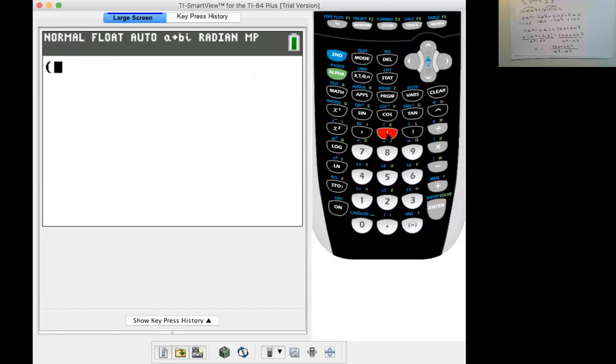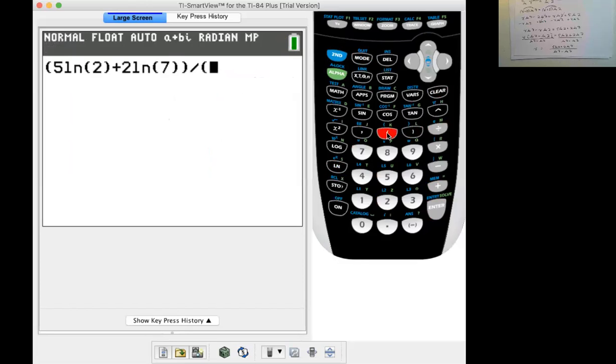Upstairs, 5 log 2 plus 2 log 7. 5 times natural log of 2 plus 2 times natural log of 7. Okay. Notice order of operations. The number of left parentheses is 3. The number of right parentheses is 3.